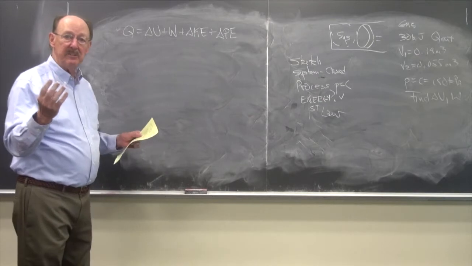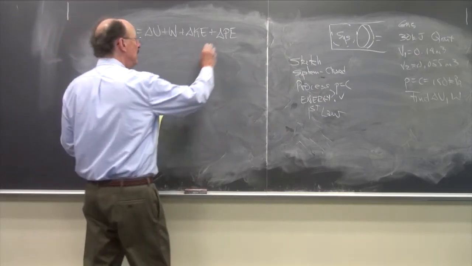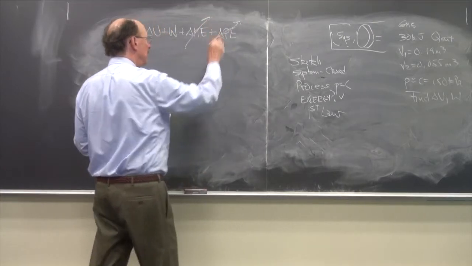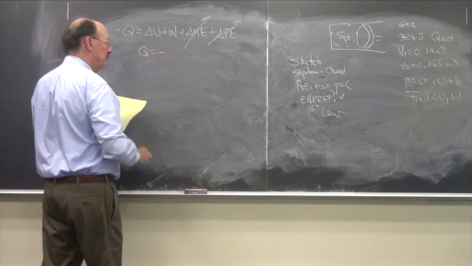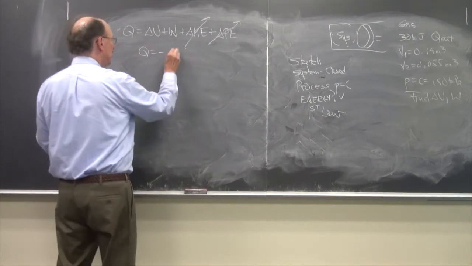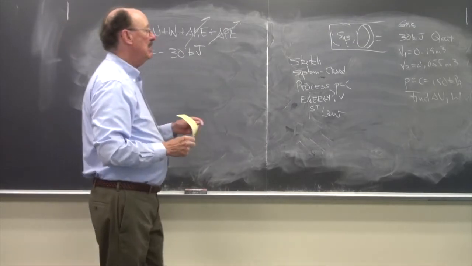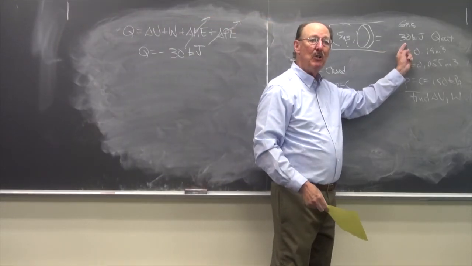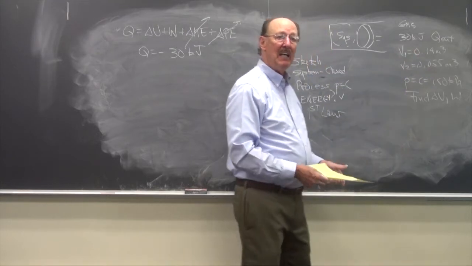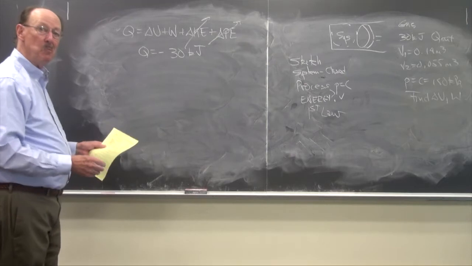There's no change of kinetic energy and no change of potential energy involved, so we get rid of those terms. Q is equal to minus 30 kilojoules. Why is it minus? Because in the problem statement it said heat was rejected. You have to make that translation. If you don't put in minus, it means you're not thinking thermodynamically.